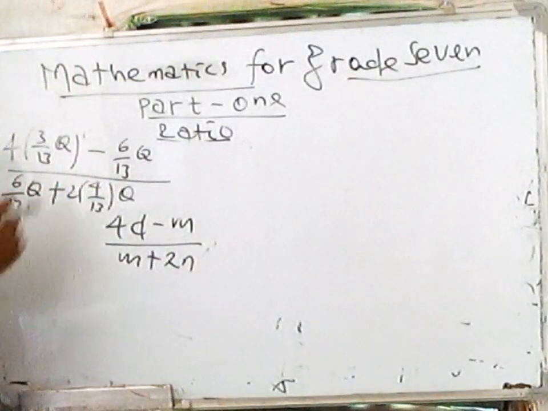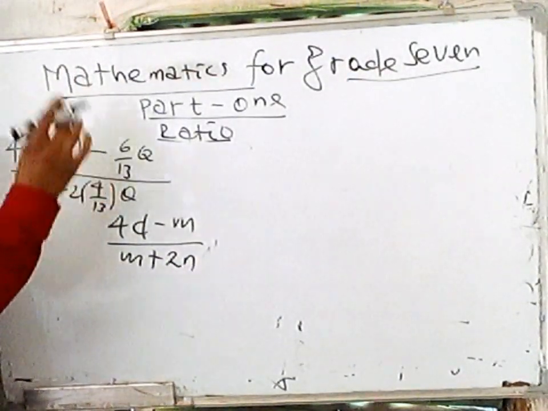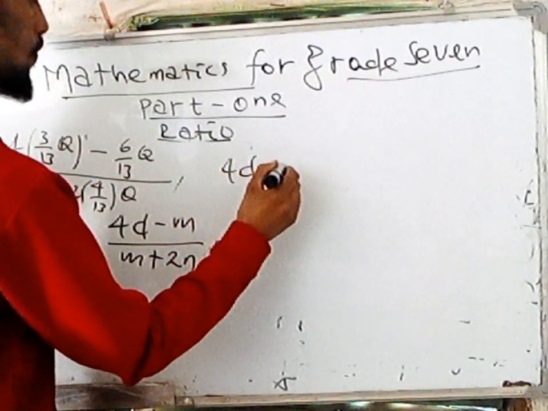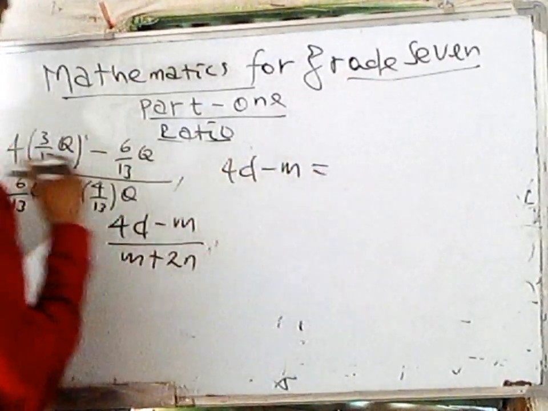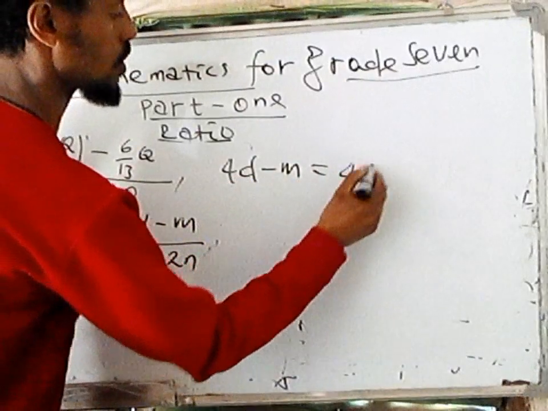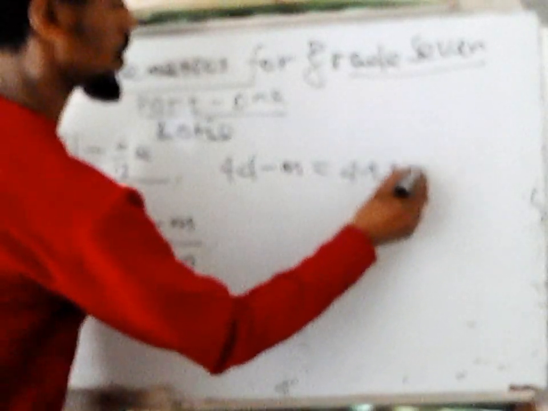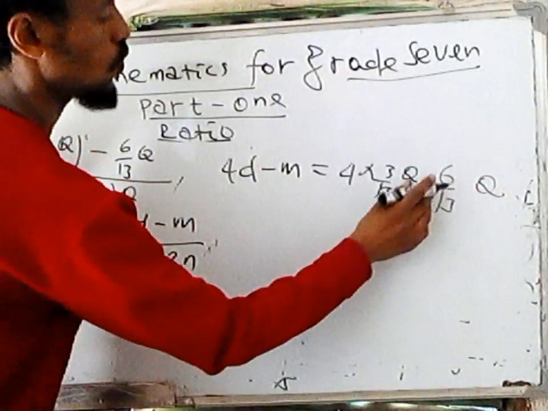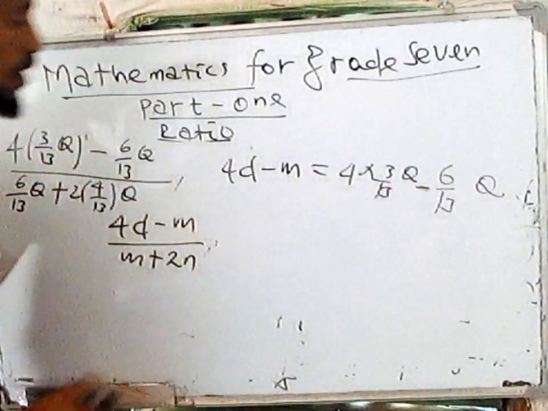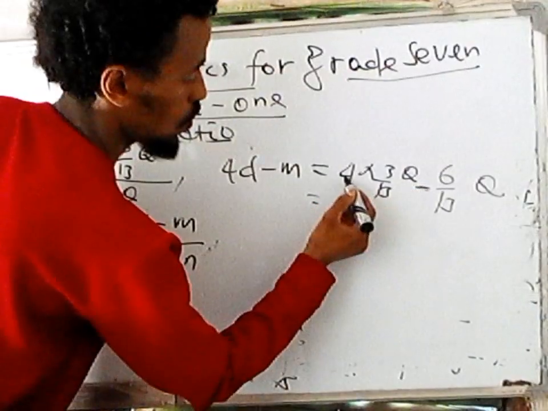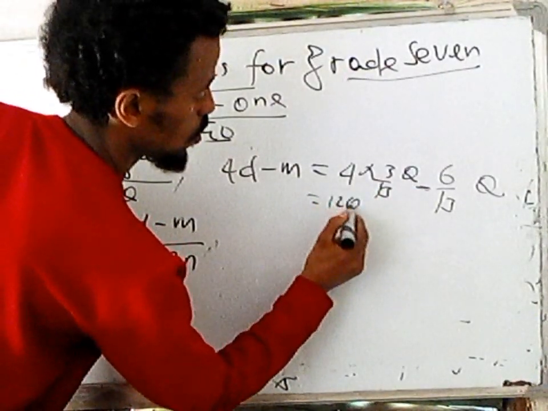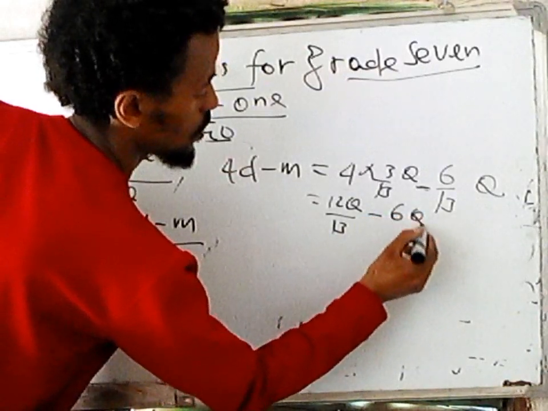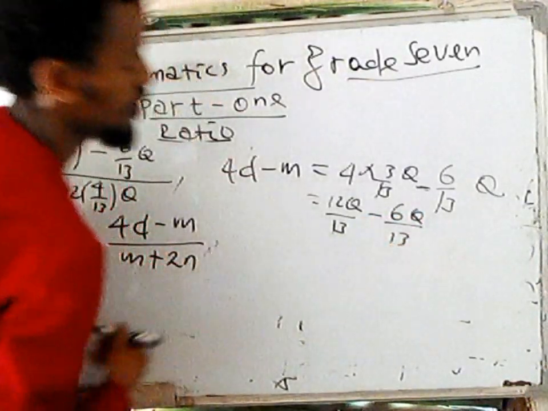First we work on the numerator. The numerator is 4D minus M, that means 4 times 3 over 13 Q minus 6 over 13 Q. That equals 12Q over 13 minus 6Q over 13.